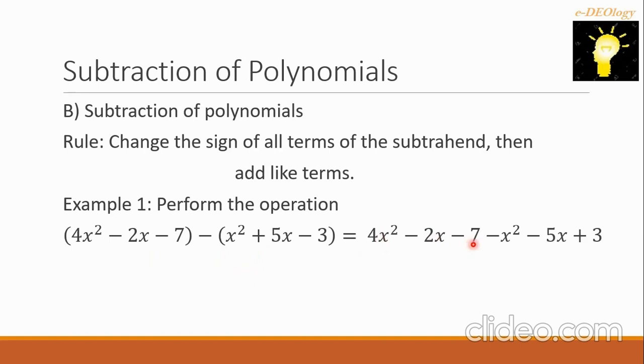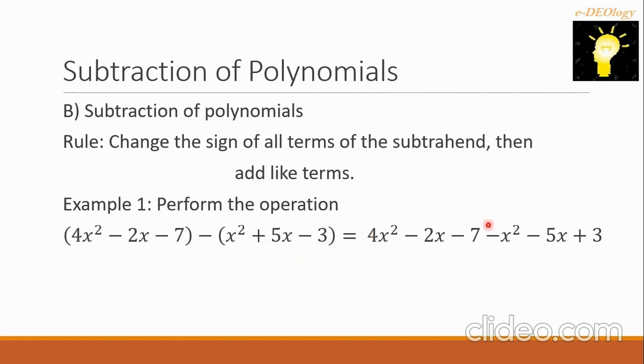So the first three terms here are the terms of our first polynomial. Then for the second polynomial, we will change the sign of all the terms. The x squared here is positive, here it becomes negative. The 5x is positive, here it becomes negative. The negative 3 becomes positive 3. And then we will combine like terms. We have here 4x squared.